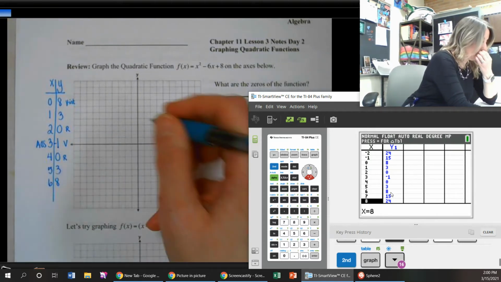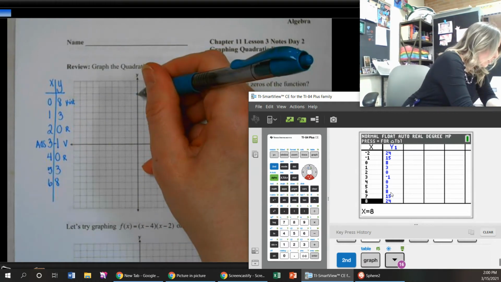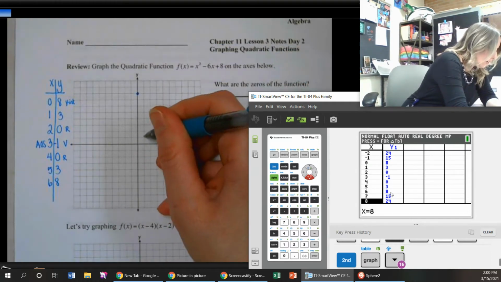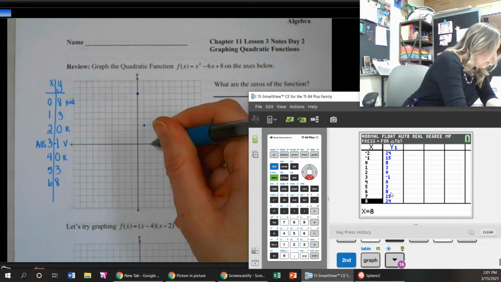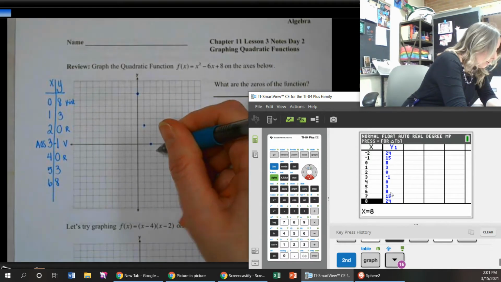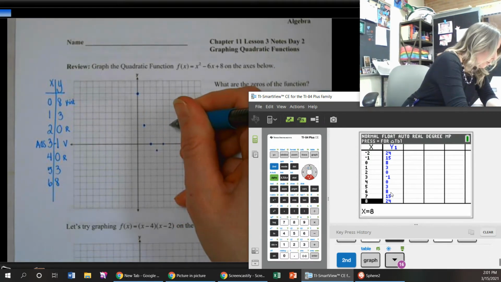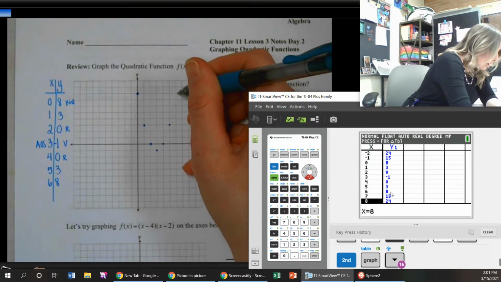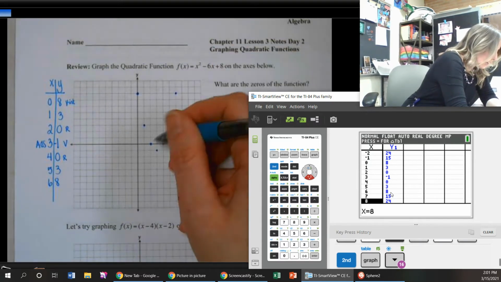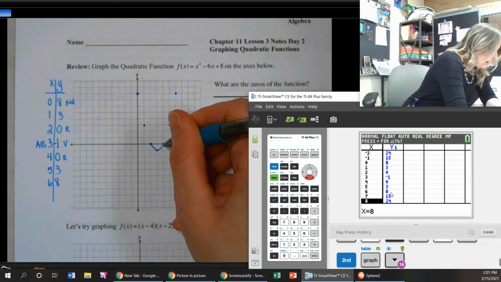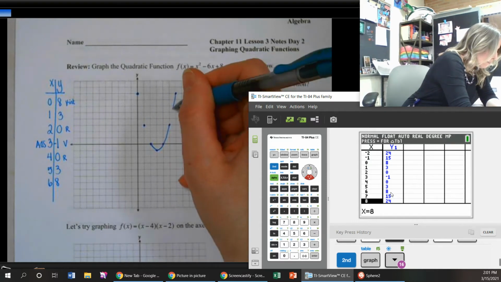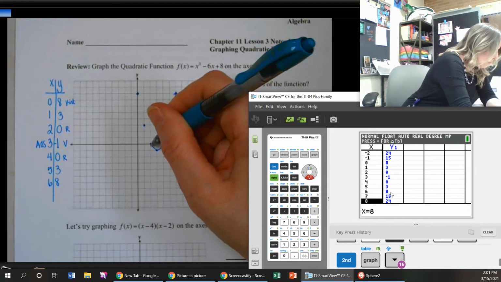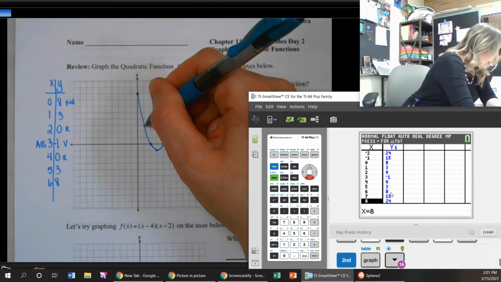And so let's get these on the graph. 0, 8, 1, 3, 2, 0, and then down here, 3, negative 1, back up to 4, 0, and back up to 6, 8 at the very end. Connect. Put arrows on the last points that fit, which do include this y-intercept right here.